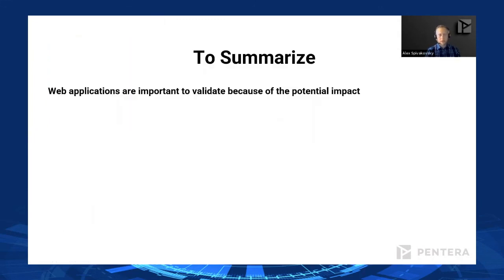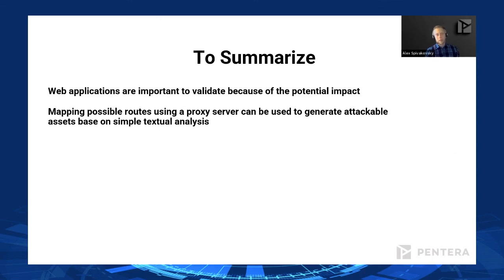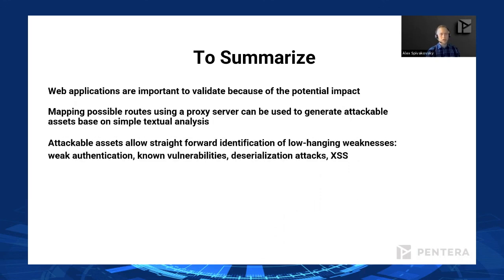So to summarize, I bet you all agree that validating the security of web applications is important because of the potential impact, and because there are so many of them on the network. Mapping the possible routes using a proxy server enables a quick generation of attackable assets, and all is done with simple textual analysis.